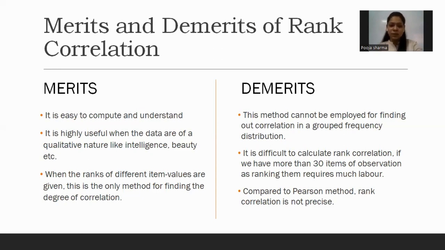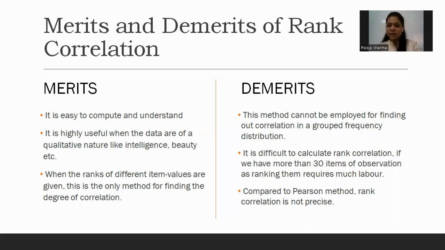It is highly useful if we have qualitative data, and when the ranks of different item values are given, this is the only method for finding the degree of correlation. That means if we have ordinal, qualitative data and want to calculate the correlation, we always use this Spearman rank correlation as compared to Pearson's coefficient of correlation.